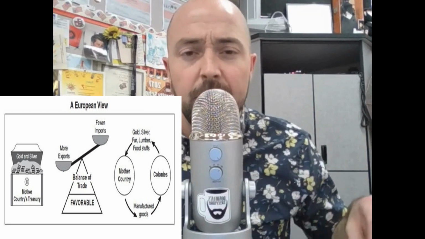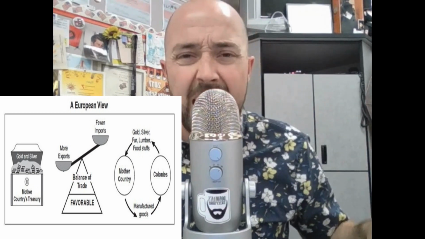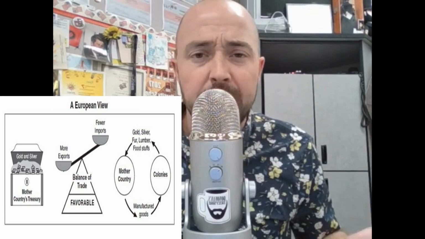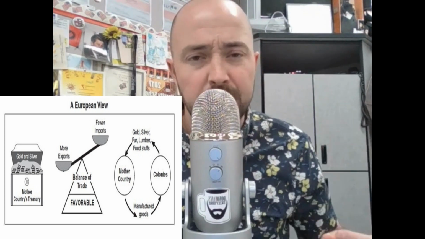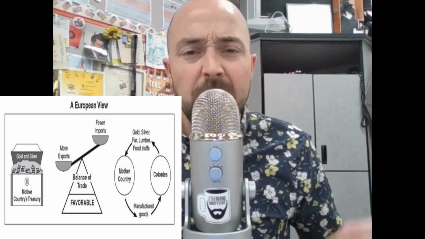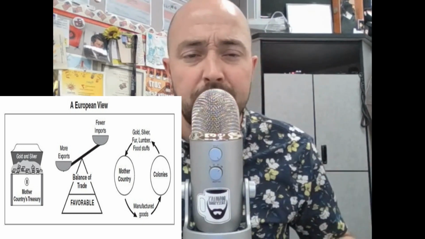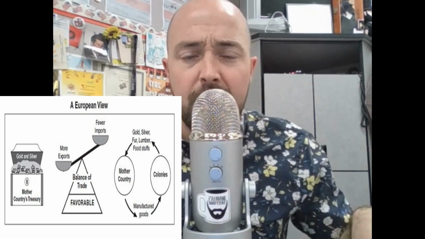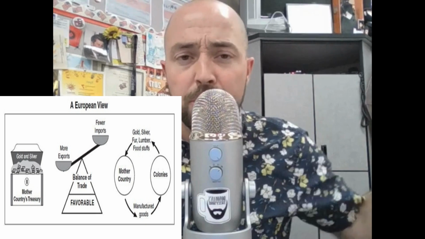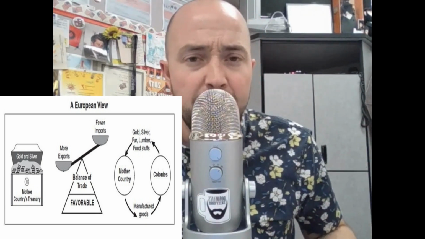And the goal is to gain as much resources as possible because at this time, wealth for European countries especially is determined by access to natural resources. So what they do is they set up the colonies to exist solely for the benefit of the mother country. So the 13 British colonies that established these colonial regions we're examining, they exist to provide natural resources to Great Britain and to buy British manufactured goods.